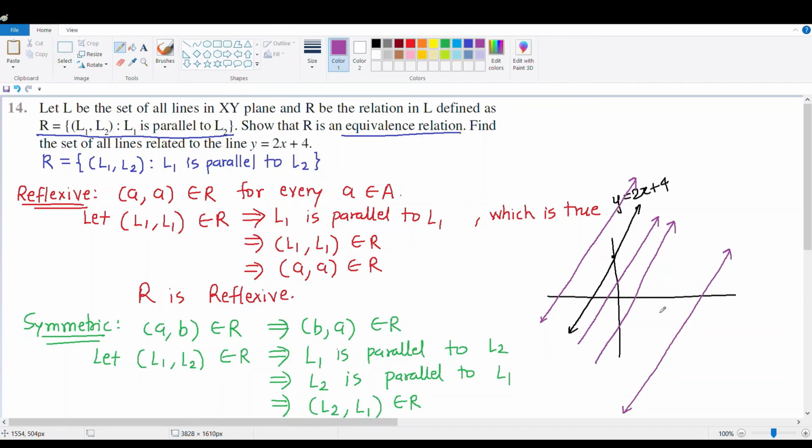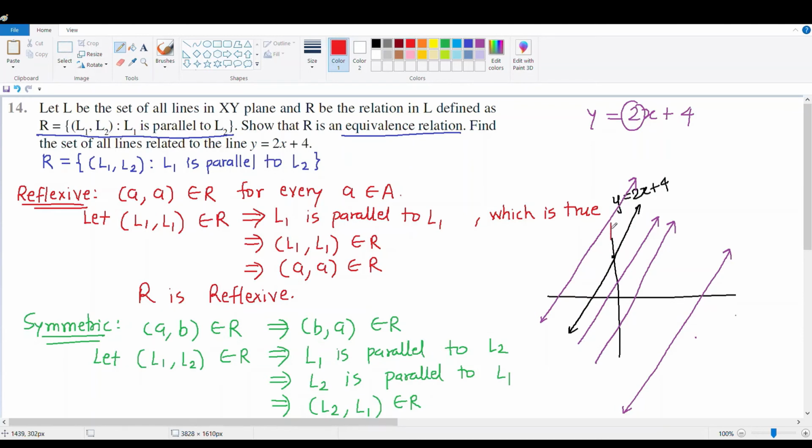So what is the difference in all these lines? They all have same slope. Of course. Why? Because they are parallel to each other. So if they have same slope, and in this equation y equals 2x plus 4, this 2 shows the slope. That means if every line has same slope, then every line has 2x in it. But every line's y-intercept is different.